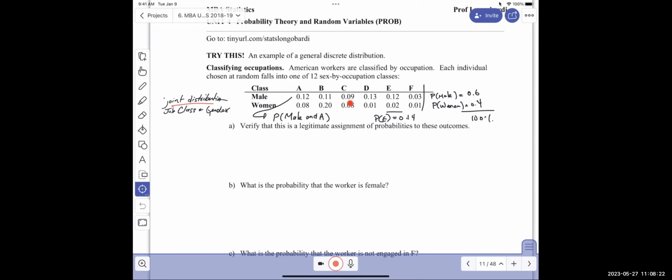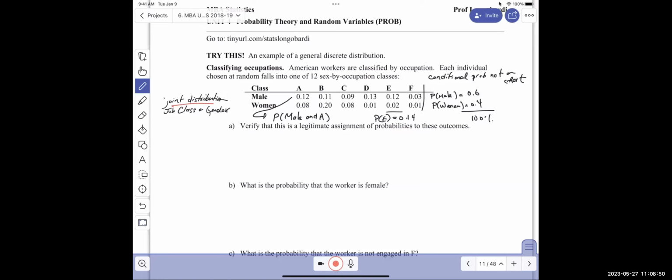Everything in here are ands, the intersecting events. Conditional probabilities can be calculated, but they're not on the chart of probabilities.